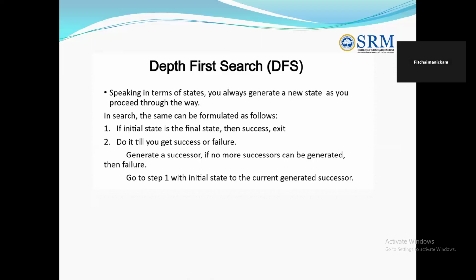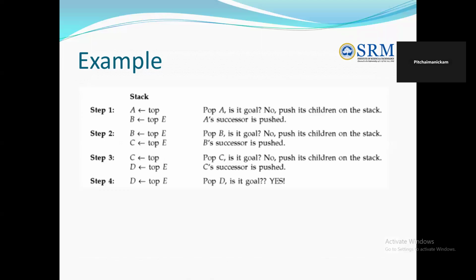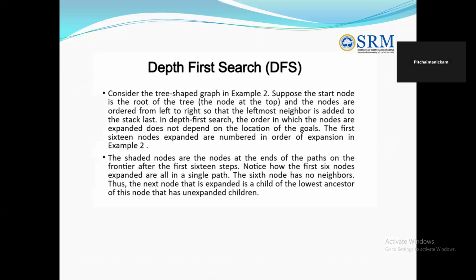Another thing is to go to step one with the currently generated successor as the initial state. Another thing is the way we find the solution for the target node, and what are the steps that have to be followed for the simple examples. You just note it down.